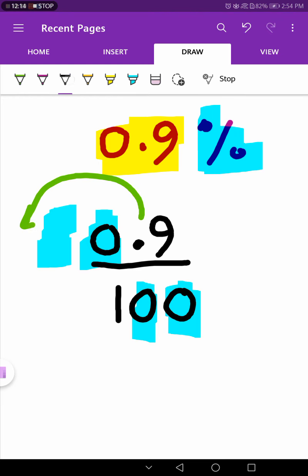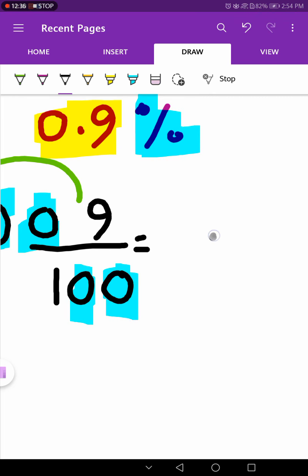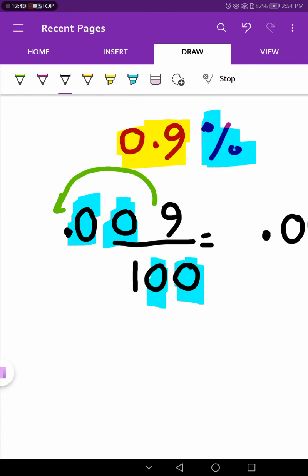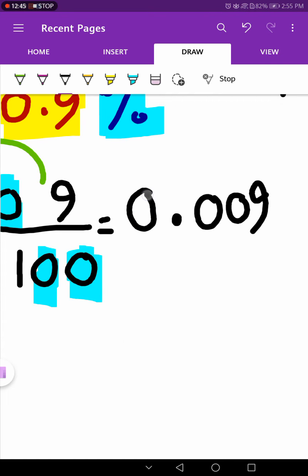So the empty one, you fill it with 0. So the answer will be, after you move this, 0.009. See, 0.009, and you put 0 for decoration, or the 0 for the whole number.